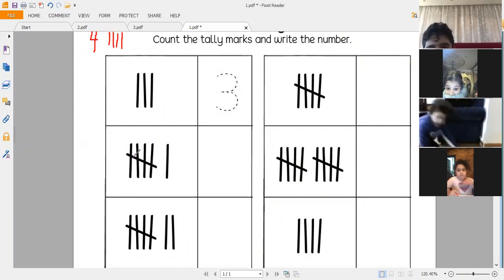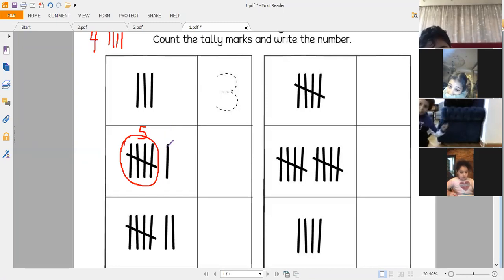This is the fifth line. Yes, this is the fifth one. So this shape means 5. So if you want to count, you will start to count from 5 and keep counting the rest of the tally marks. So it will be 5, 6. So here we have 6.